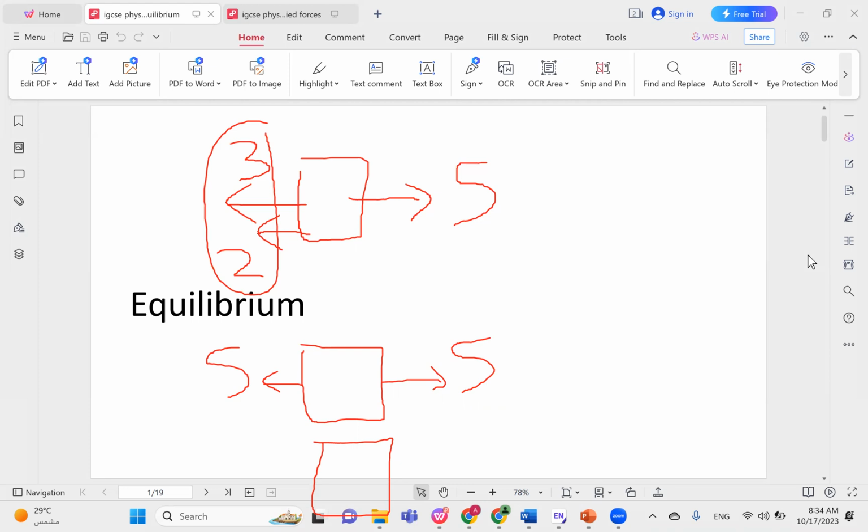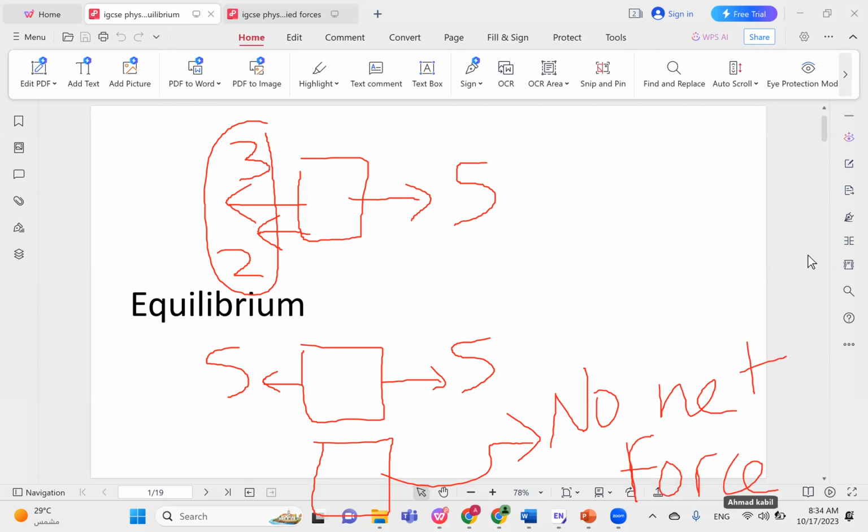And what we call here equilibrium means that there is no net force. So what happens to the object if there is no net force acting? Does it necessarily stop moving? No, not necessarily.